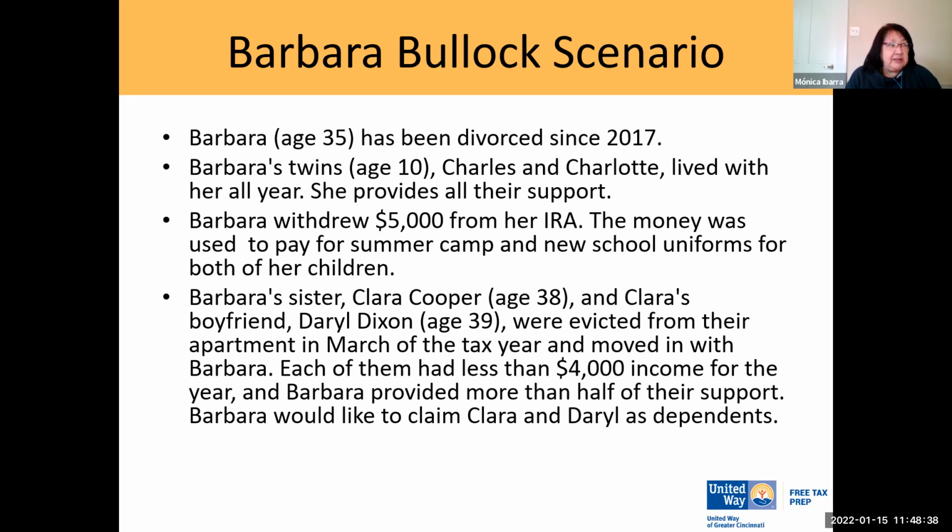And the thing that I think we're hung up on: he's not related, but he did live with her all year, and she provided more than half of his support, and he made less than $4,300.